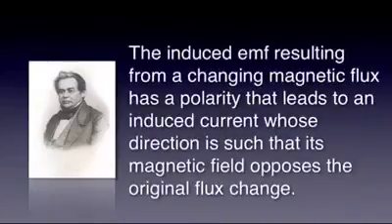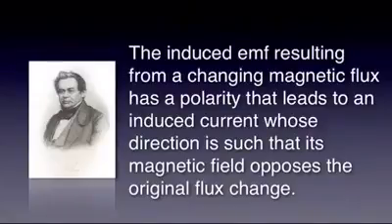In other words, the induced EMF resulting from a changing magnetic flux has a polarity that leads to an induced current whose direction is such that its magnetic field opposes the original flux change.